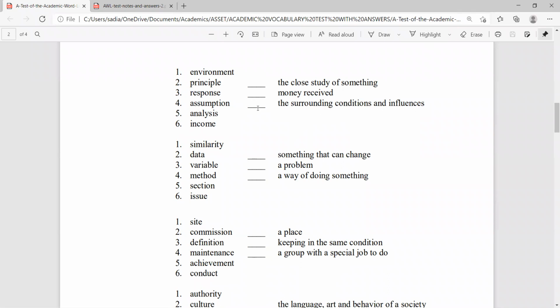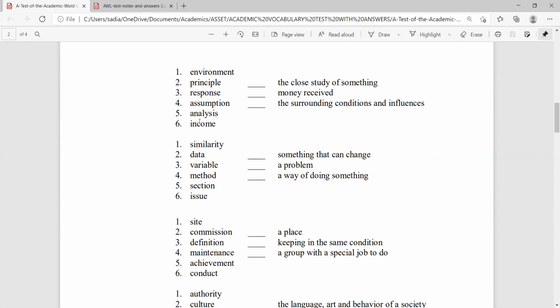Now the question arises, how do I record the answers in my notebook? As per the answer key which will be shown at the end, you may write the numeral and the vocabulary as the answer. For example, for the close study of something, you wrote 5 over here, you write 5 analysis in your notebook.